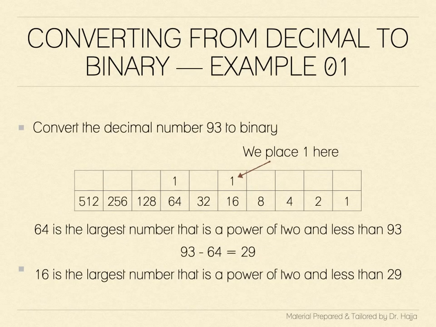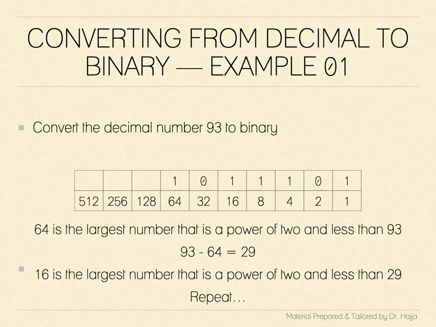Now we subtract 64 from 93, which leaves us with 29. Looking at our table again, the largest power of 2 that fits into 29 is 16, so we place a 1 above 16 in our table. We then subtract 16 from 29, leaving us with 13. The largest power of 2 fitting into 13 is 8, so we place a 1 above 8. Subtracting 8 from 13, we are left with 5.